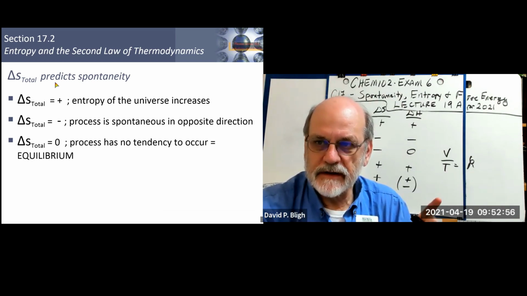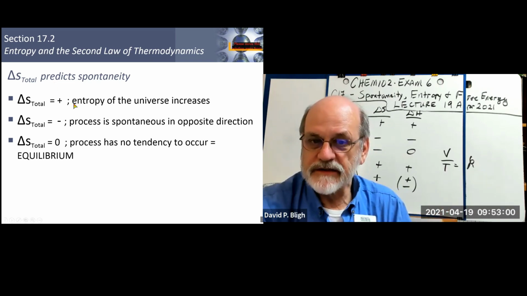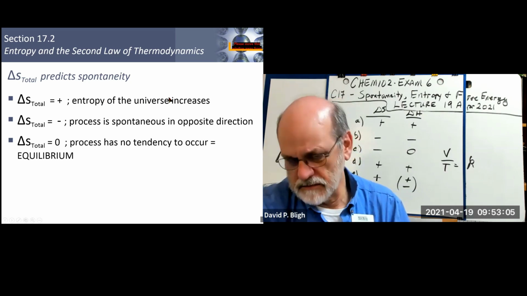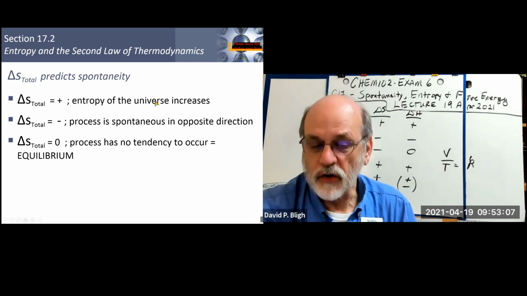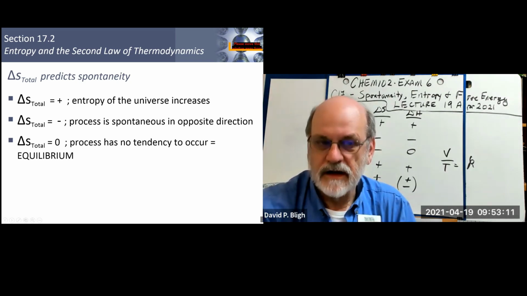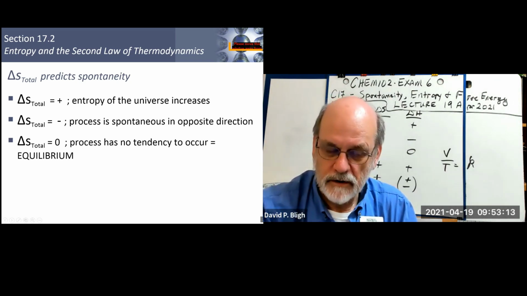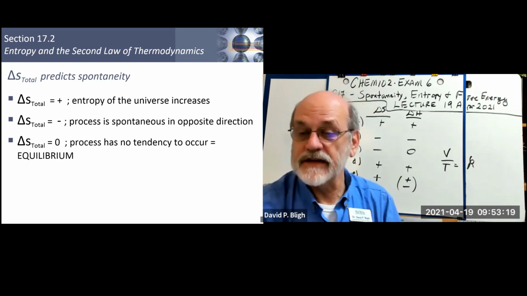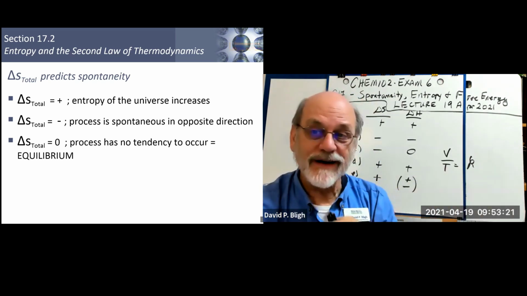if the delta S total is positive, that means entropy is increasing. And here they mean total. Total entropy is increasing. That is spontaneous. Delta S for the total, if it's negative, that's non-spontaneous. But it is spontaneous in the other direction.